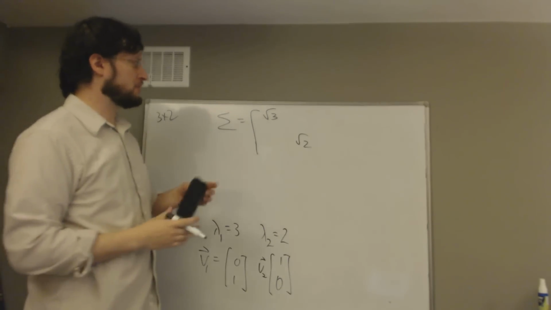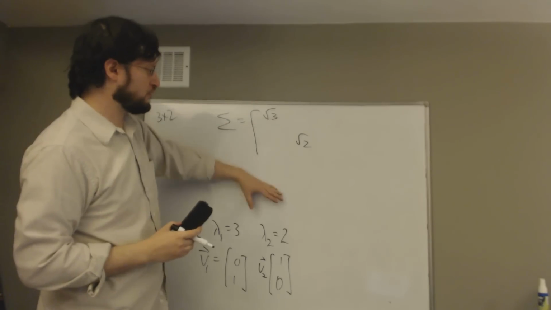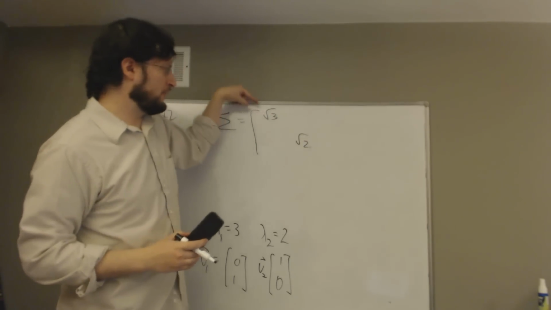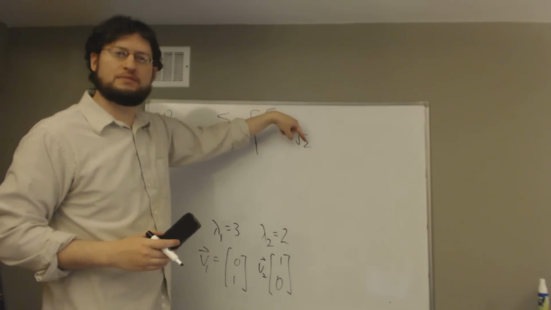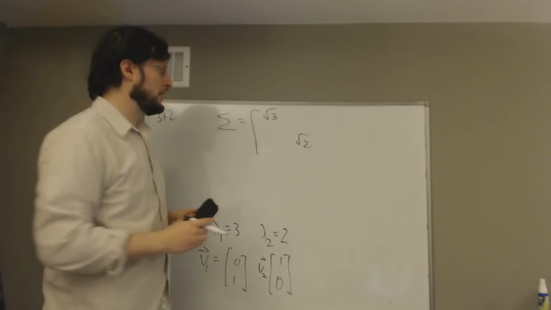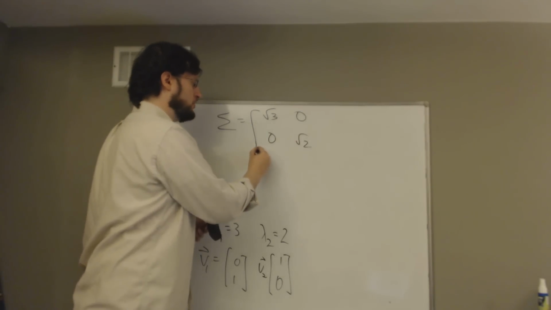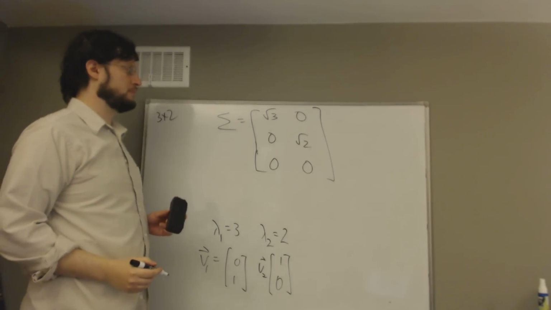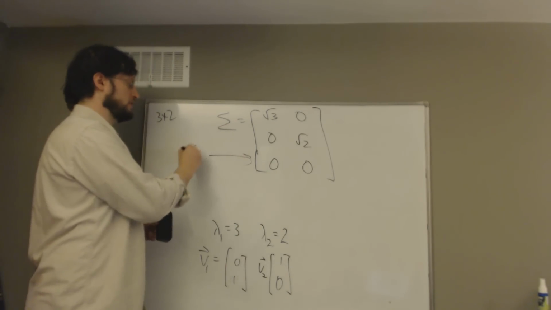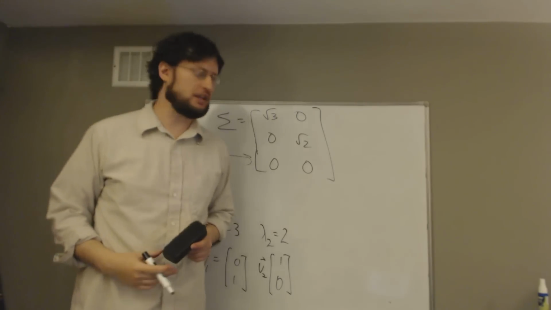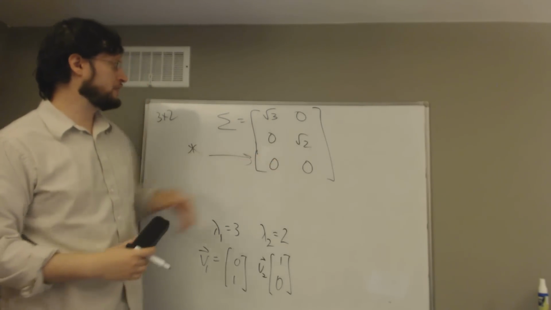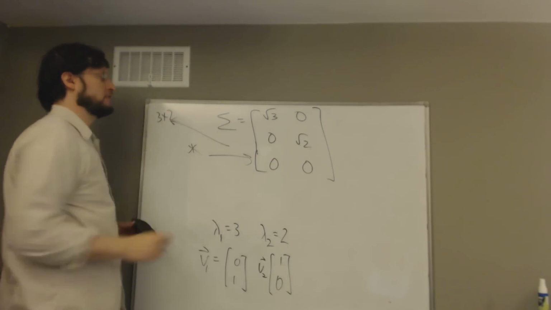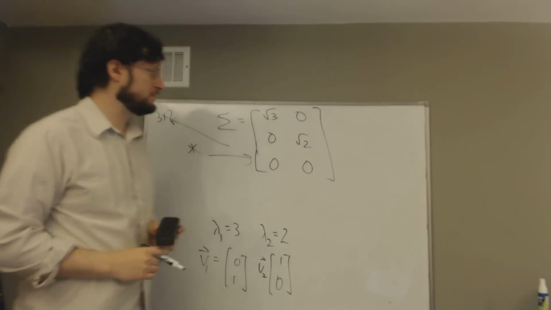So sigma has to be 3 by 2, which means that I have to have root 3 and root 2 across. But I've used up all of my non-zero eigenvalues. If I want to make this 3 by 2, I need to include extra zeros at the bottom. So this is one of the new things that we're seeing here. I have to include these so that sigma is the dimension that I want it to be.